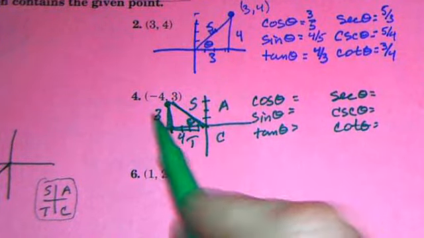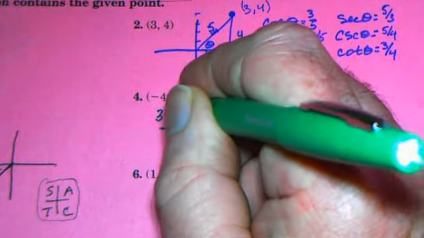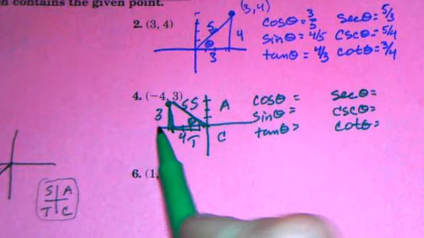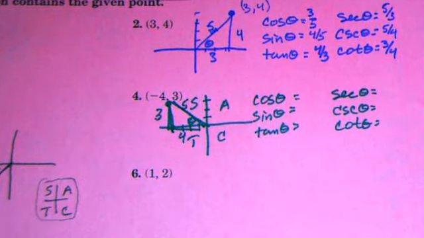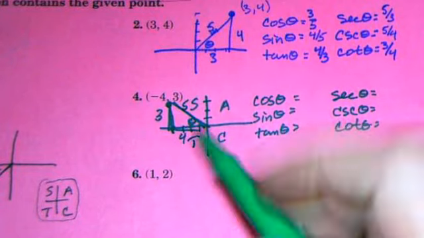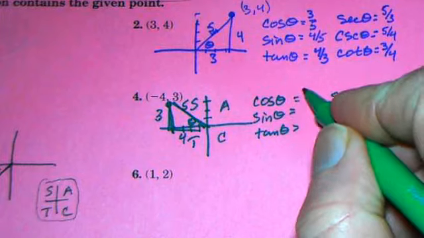This is another 3, 4, 5 triangle, so the hypotenuse is a 5. Otherwise I would have to do the Pythagorean theorem: 3 squared plus 4 squared, take the square root and get the 5 that way. Most of these you're going to see end up being some sort of Pythagorean triple, just to make the numbers easier. Cosine is adjacent over hypotenuse, which is 4 over 5.